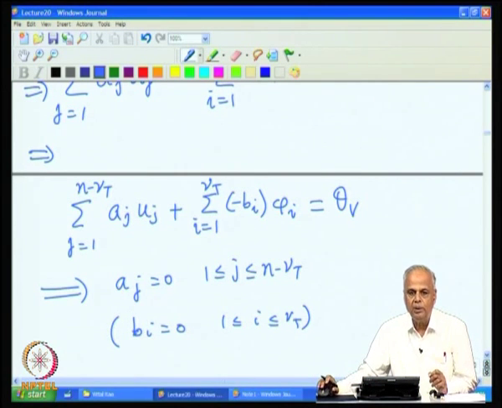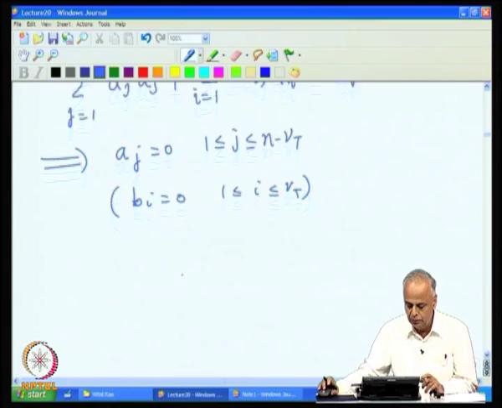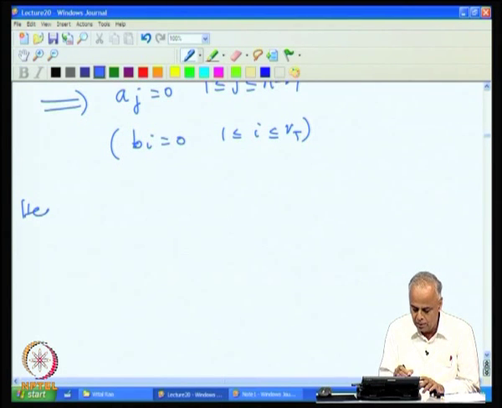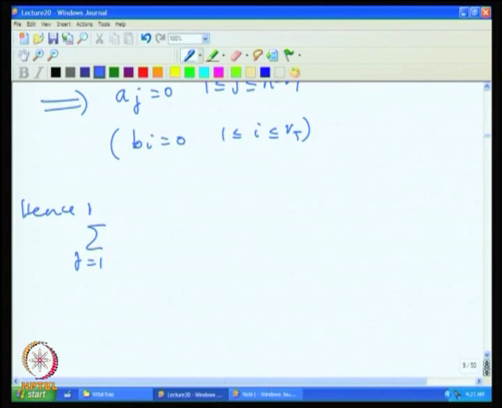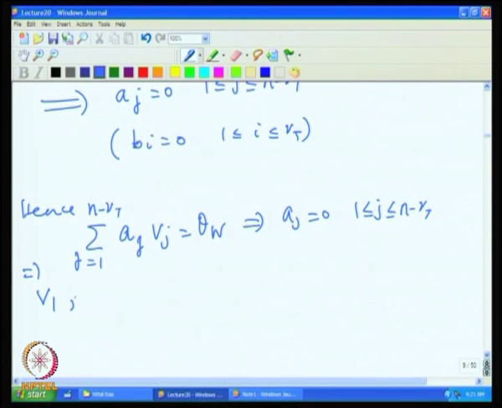Thus, what is the conclusion? We started with a linear combination of the v's to be 0 and concluded that all the coefficients must be 0. So, summation j equal to 1 to n minus nu t A j V j equal to theta w implies the a j's are all 0, and hence V 1, V 2, etcetera up to V n minus nu t are linearly independent.